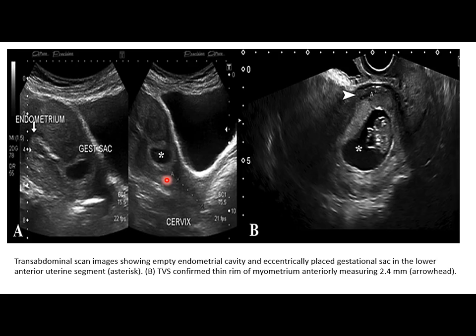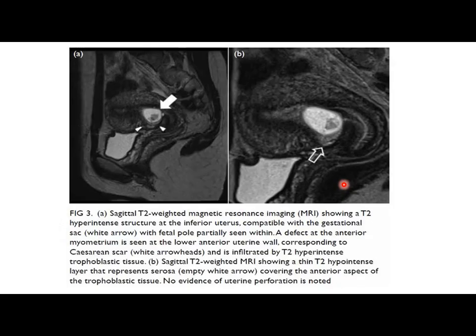This is also an ultrasound image of a scar pregnancy. The presence of trophoblastic tissue surrounding it further confirms that this is a scar pregnancy, not a low-lying placenta or low-lying gestational sac.